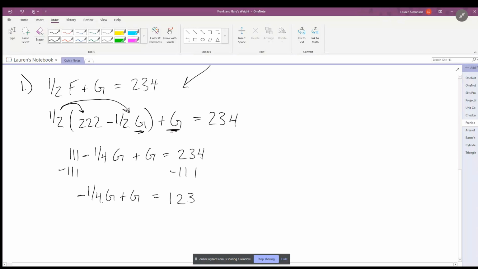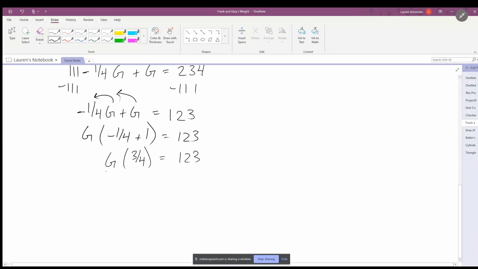Now we can pull out a G value here and continue to simplify. G times negative 1/4 plus 1 is equal to 123. Notice that all I did was take the G out of both expressions and had what was left over. So negative 1/4 plus 1 is equal to positive 3/4. So G times 3/4 is equal to 123.